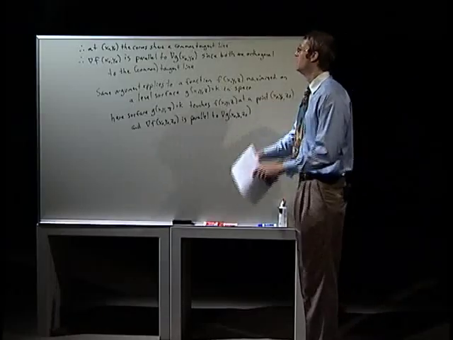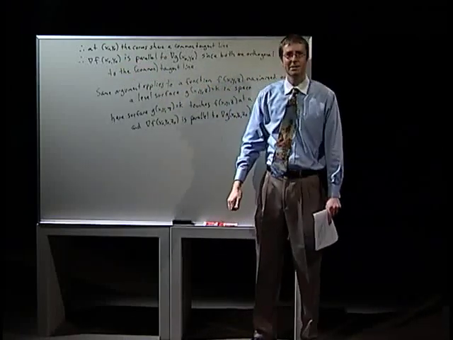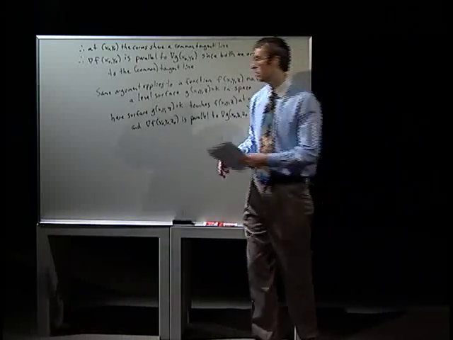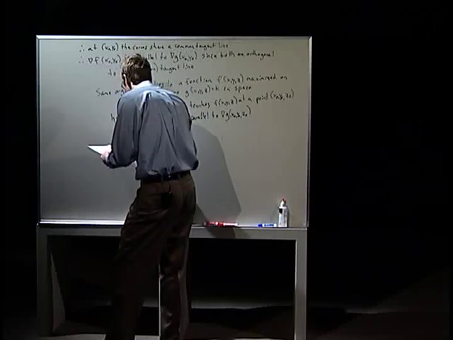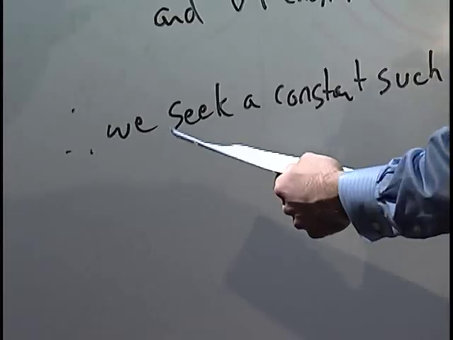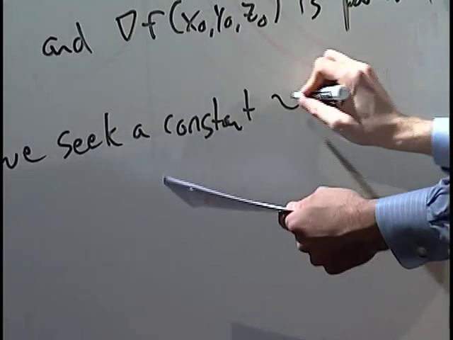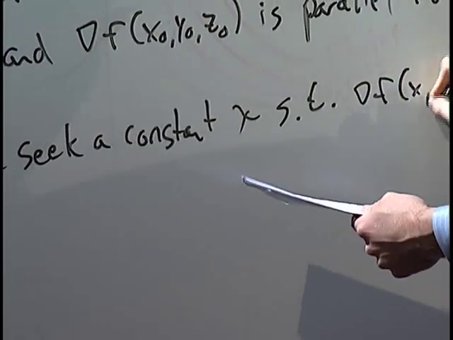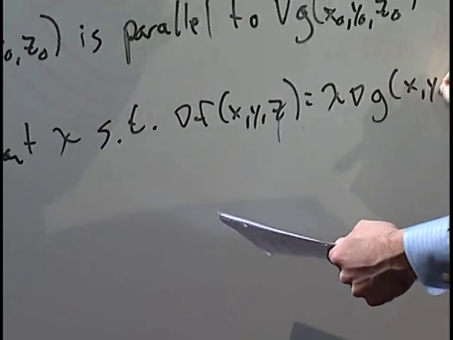And so what does this all mean? Well, in either case, the gradients are parallel. That means that the gradients differ only by a constant multiplier, right? So therefore, and here's the big point of the section, we seek a constant lambda such that the gradient of f of x, y, z is equal to lambda times the gradient of g of x, y, z.